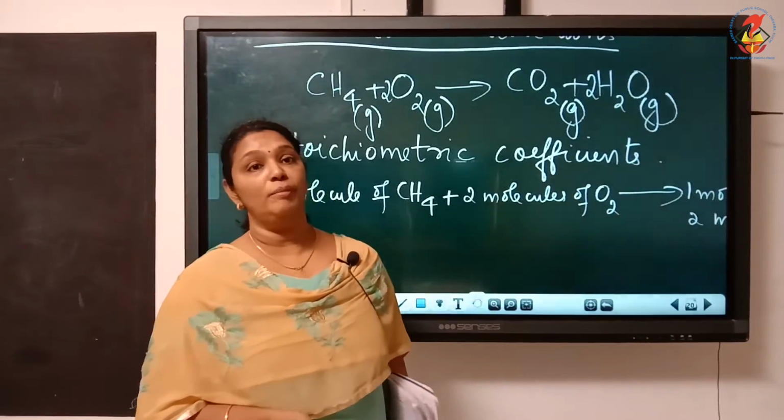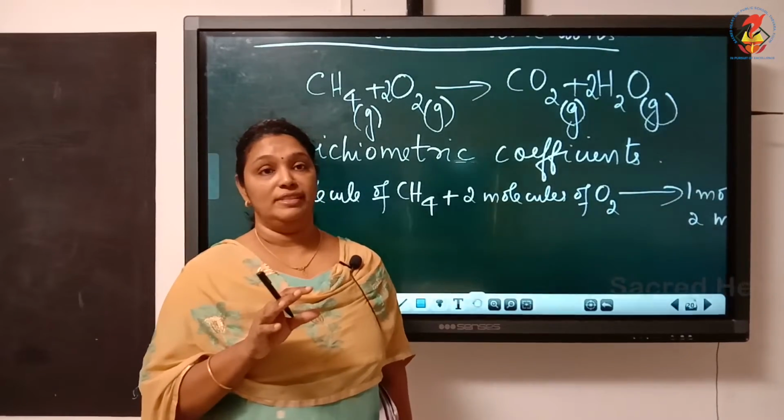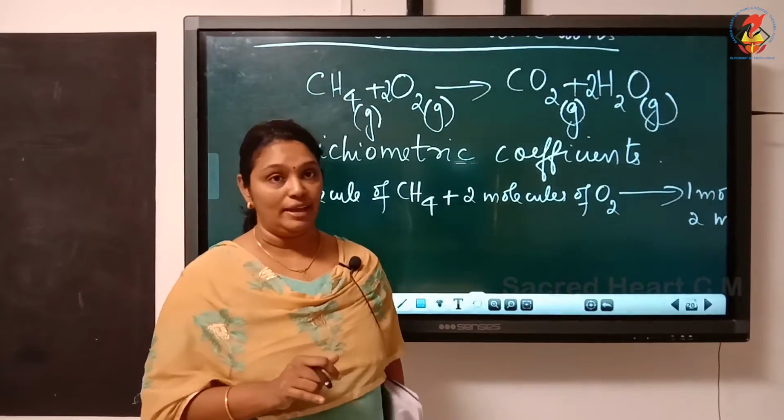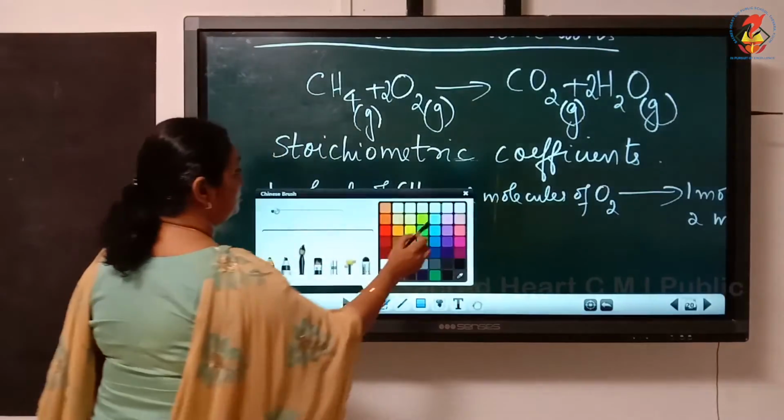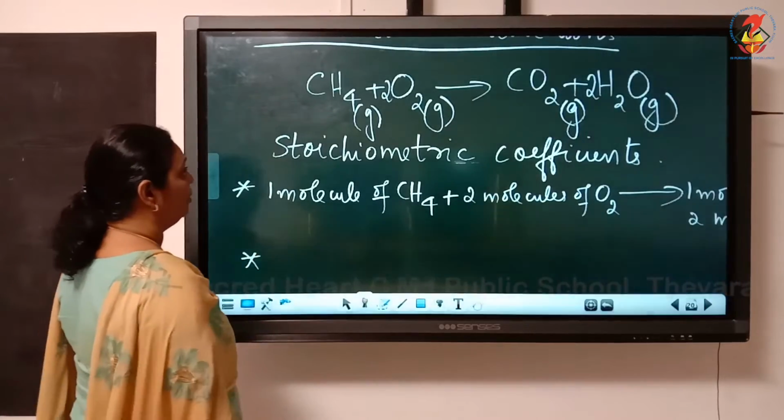Now the second information is we get to know the number of moles of substance in a chemical reaction. So this is the first information, that is the number of molecules. Now the second information is number of moles.